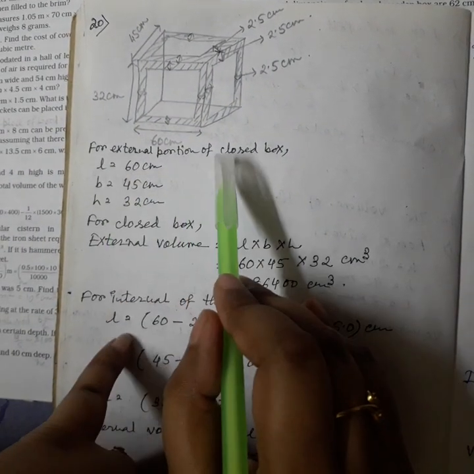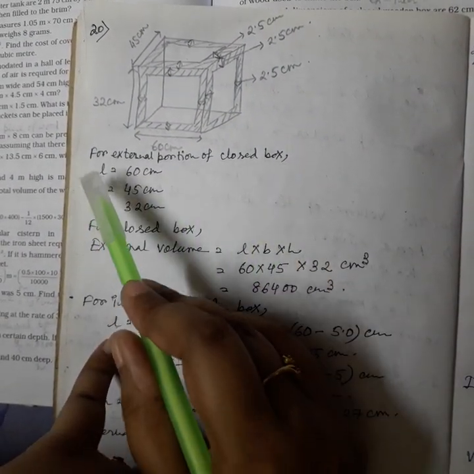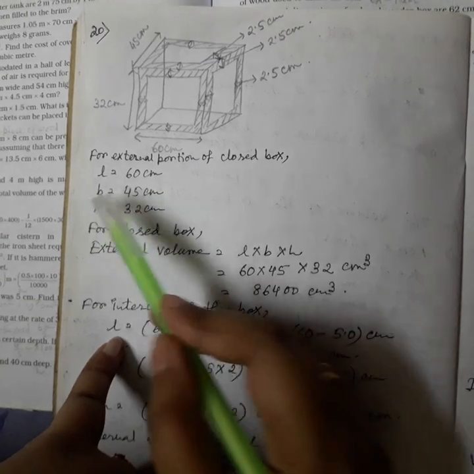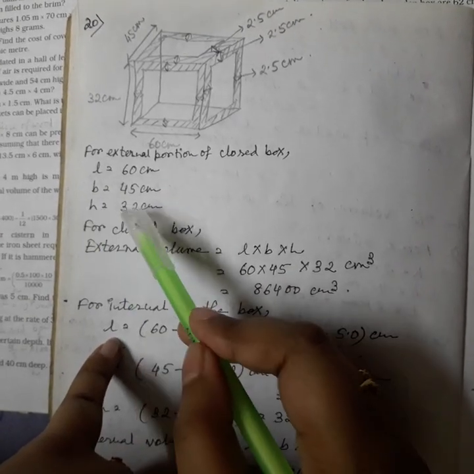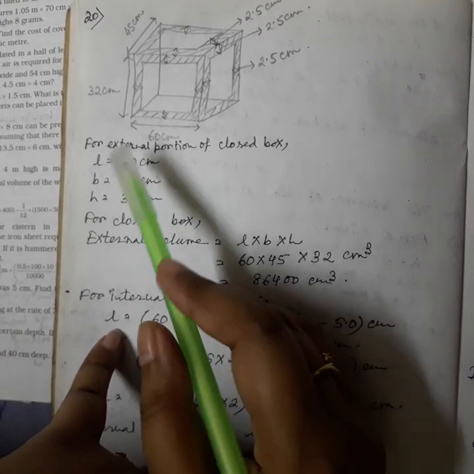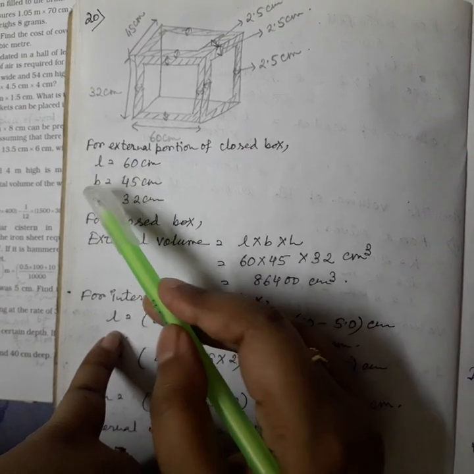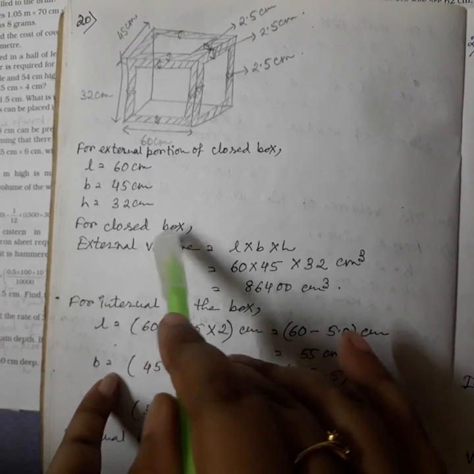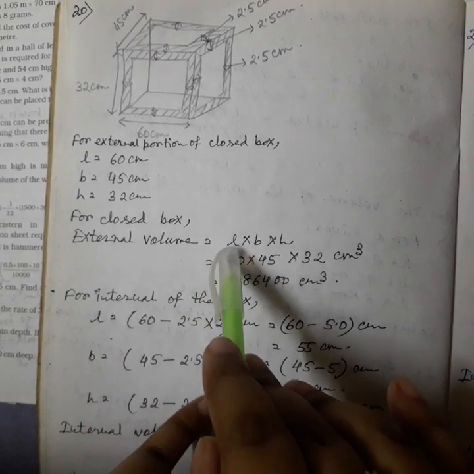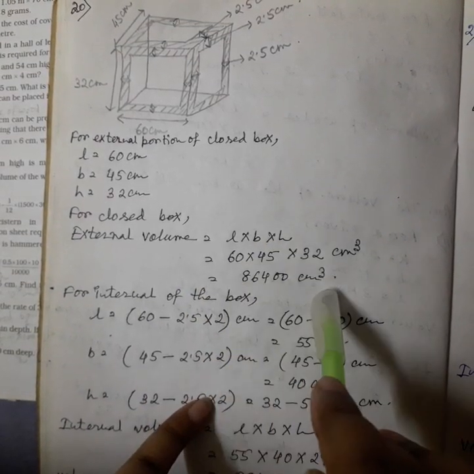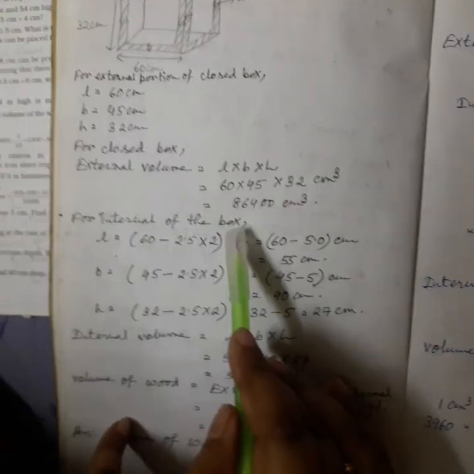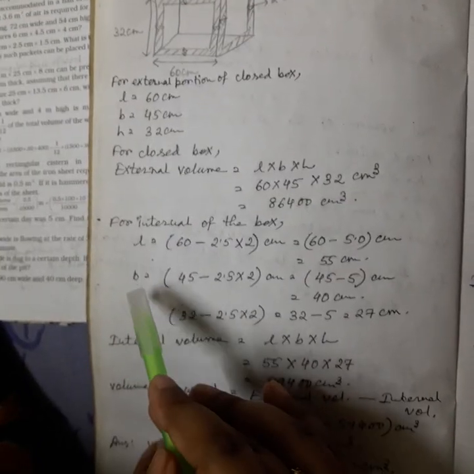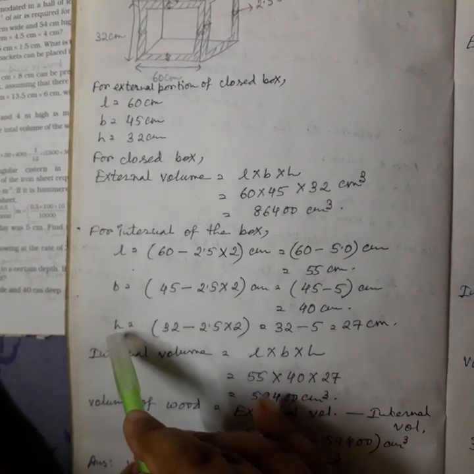For the external portion of the closed box, length equal to 60 cm, breadth equal to 45 cm, height equal to 32 cm. Here you can also write external length, external breadth, external height. For the closed box, external volume will be length into breadth into height. So it's coming.